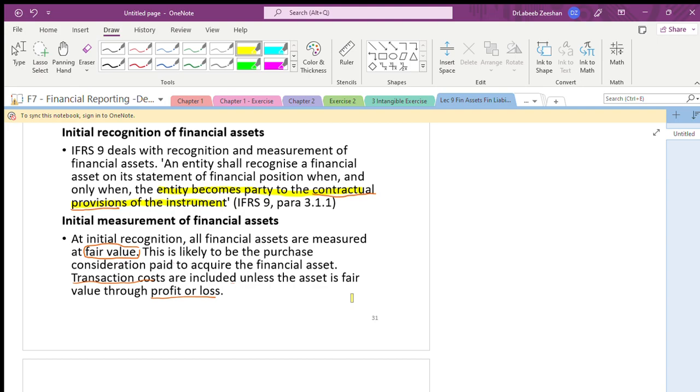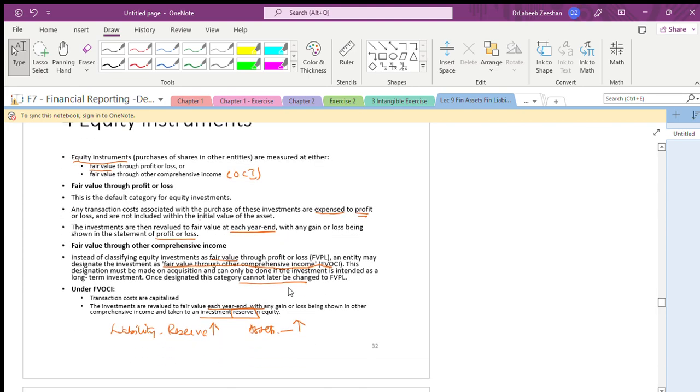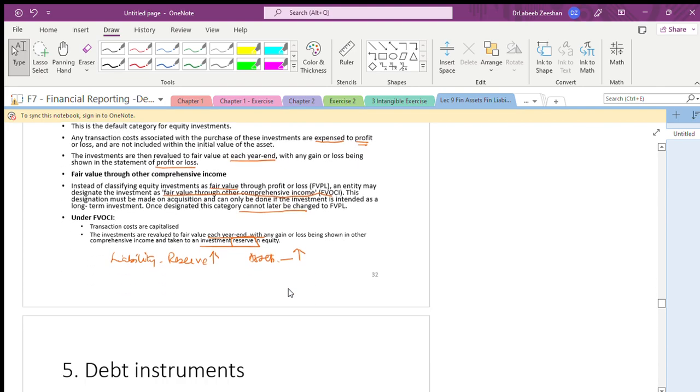Financial asset initial measurement should be at fair value. Transaction costs are included through profit and loss, if anything plus or minus is there, when it is going to be paid off. Okay. Equity instruments, fair value, comprehensive income.